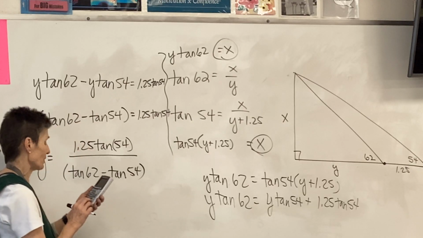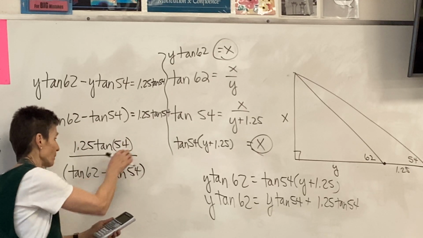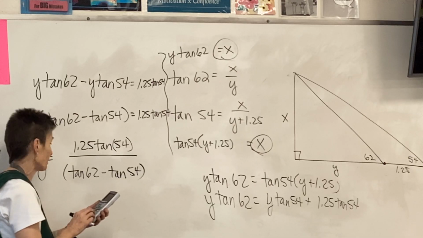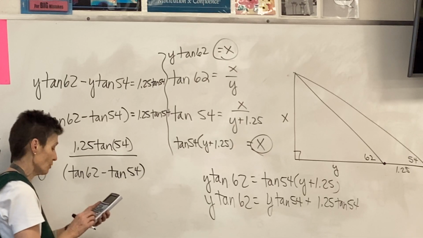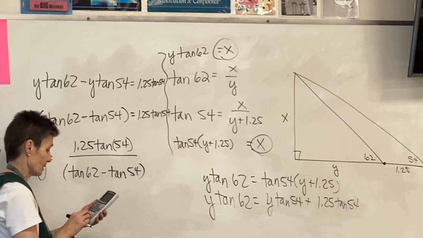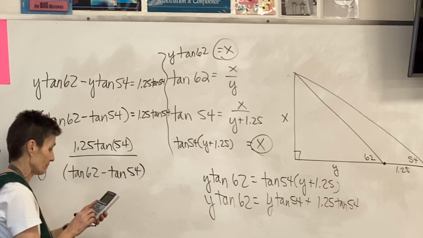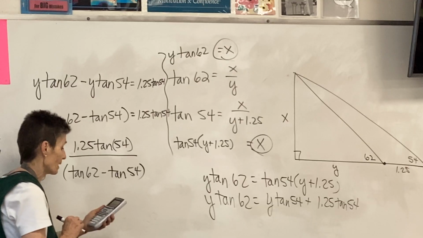Now, my numerator's not in parentheses, so there's only going to be one parenthesis, but there's going to be more in the denominator. You have to close it after every number. I got 3.41.